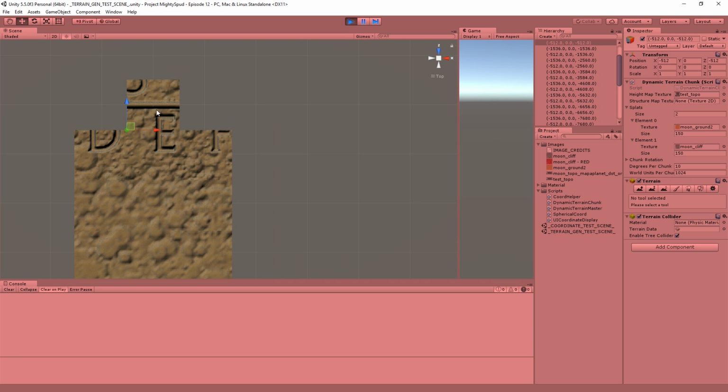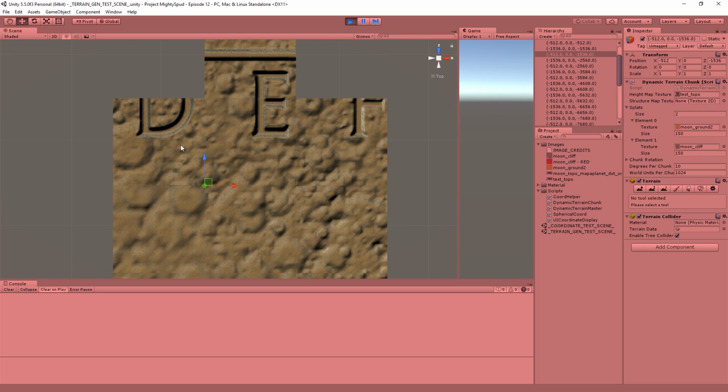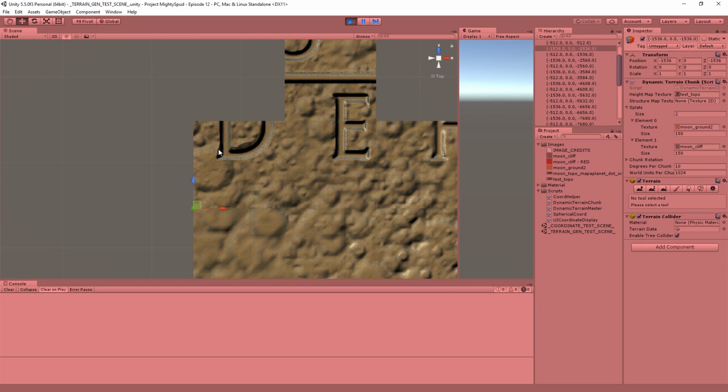Although what's funny is if we left from here and did travel east enough to generate some chunks over here, and then walked south from these chunks, which were not based on this origin, right? The idea is that whichever chunk the character just entered is going to be used as the origin for everything else.